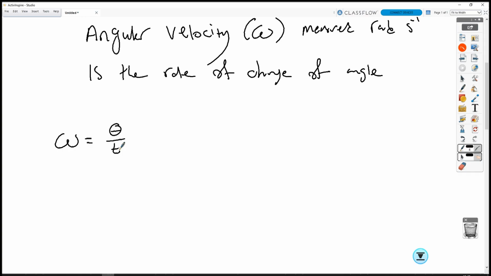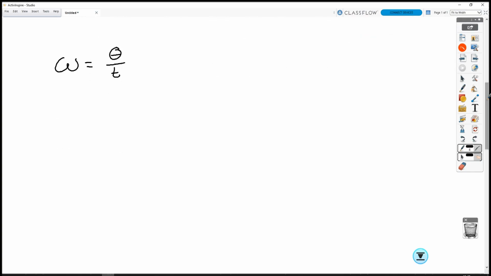So if you know the period for one full circle, then omega is equal to 2 pi over capital T. Notice those two equations are basically the same thing. If you know the period, you also know the frequency, because frequency is 1 over period. So you've got 2 pi over T, and yet another form of that is 2 pi f.